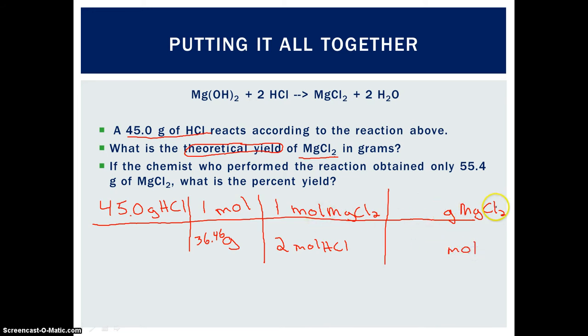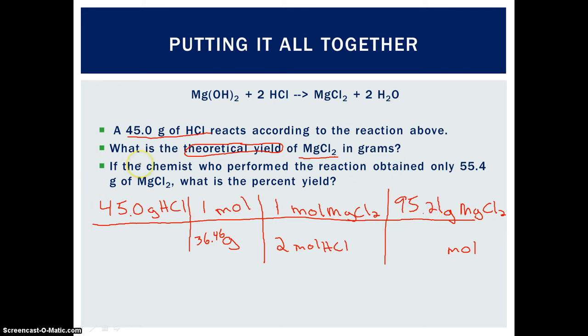And finally, I have moles of magnesium chloride. I want grams of magnesium chloride. This is molar mass. 1 magnesium and 2 chlorines is a molar mass of 95.21.